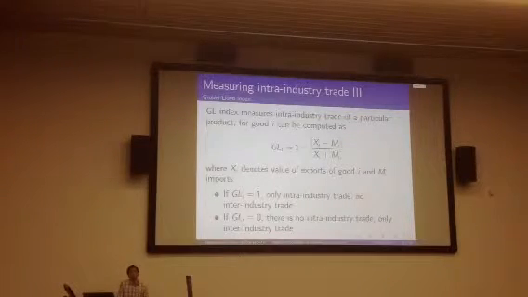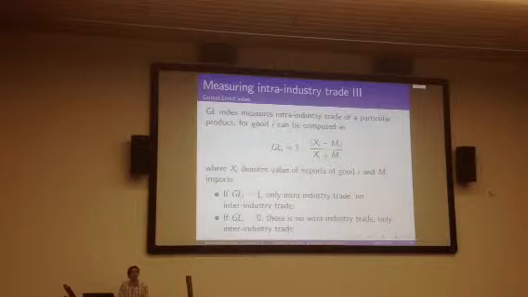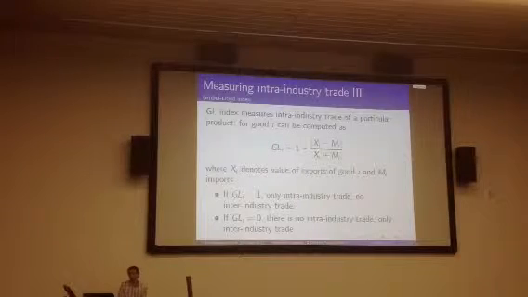If, for example, the value of your exports in cars is exactly the same as the value of your imports in cars, so this Xi minus this Mi is 0, then this Grubel-Lloyd index is going to be equal to 1.